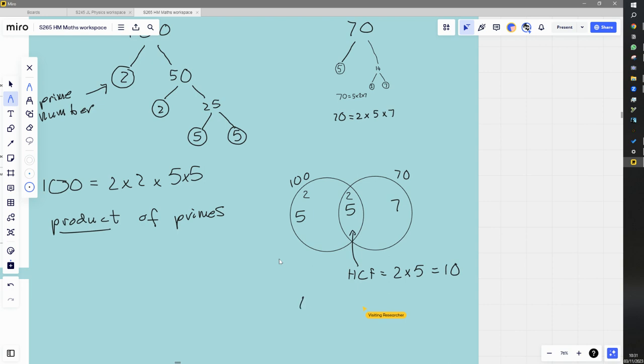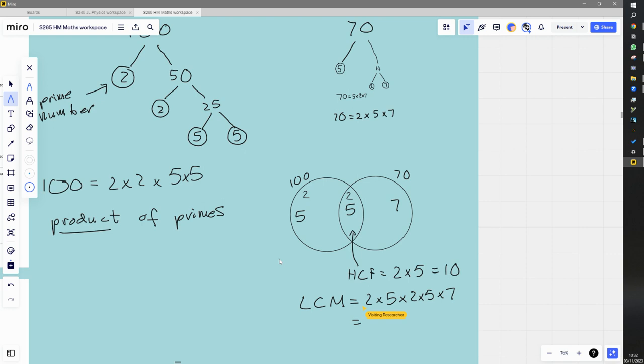Now the lowest common multiple can also be worked out using this. What we do is we multiply all the numbers we've written down in the Venn diagram. It doesn't matter too much what order we put this in, because this isn't our final answer. So 2 times 5 times 2 times 5 times 7.